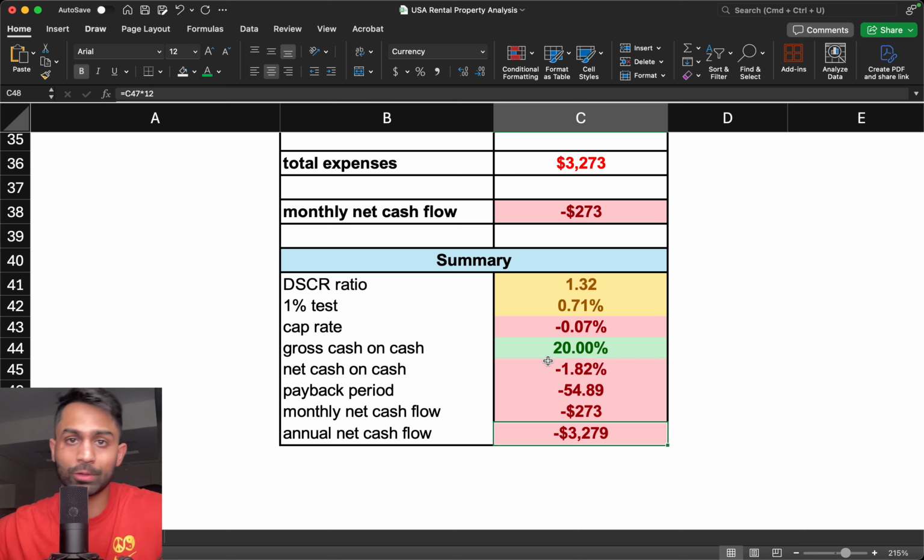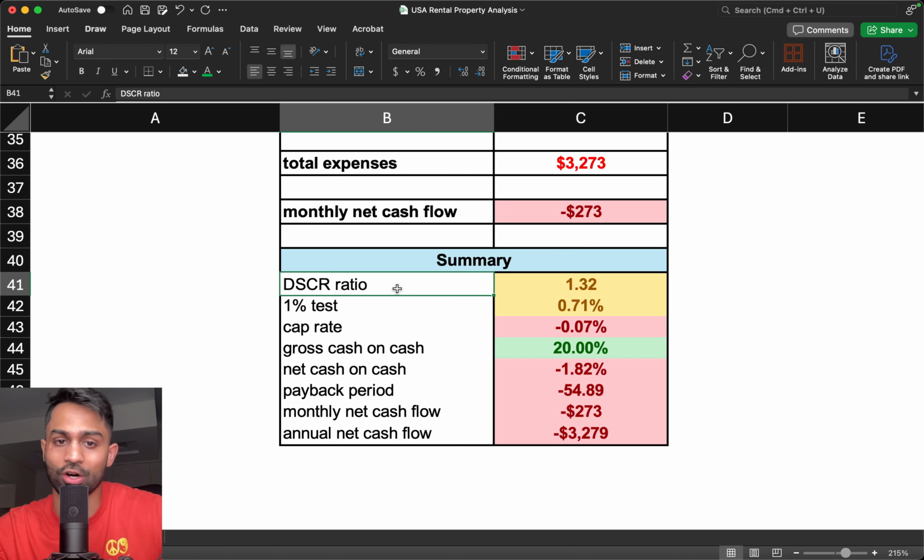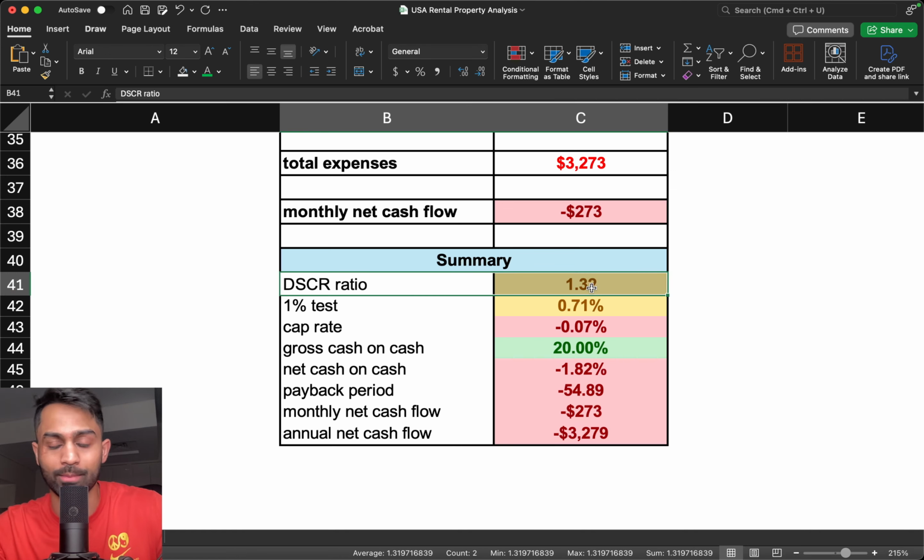Now, for me personally, since I'm going to be an investor who is a non-US citizen resident, I'm going to be looking at DSCR loan options, which I've gone over in my previous updates. DSCR loan options don't really require any documents or your income or anything like that. They simply finance the properties based on the property itself.